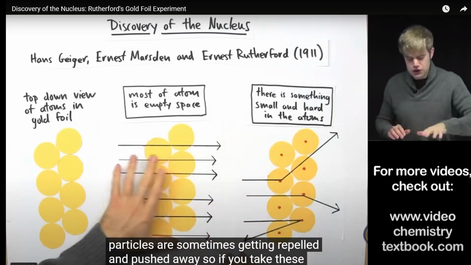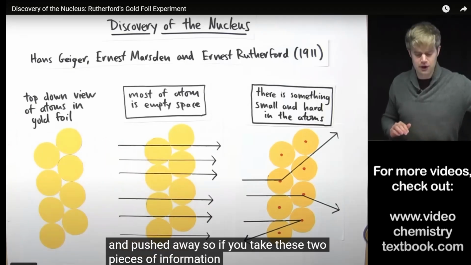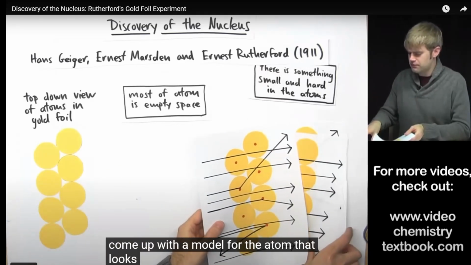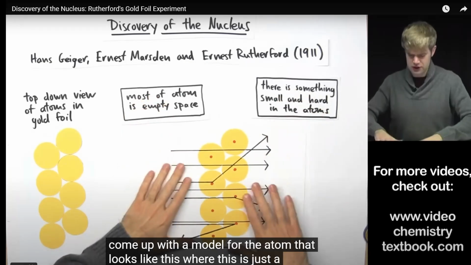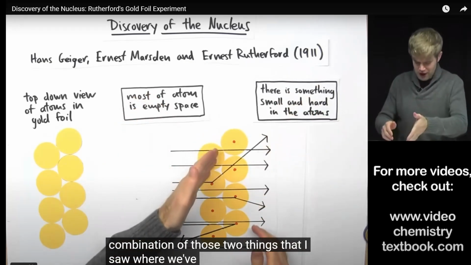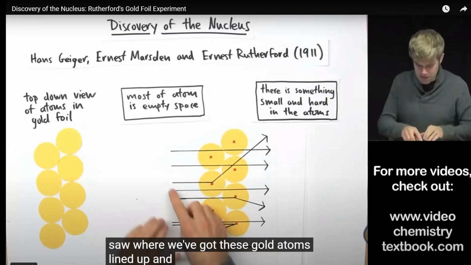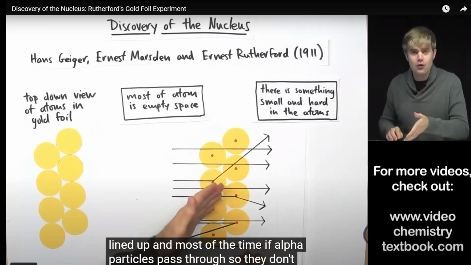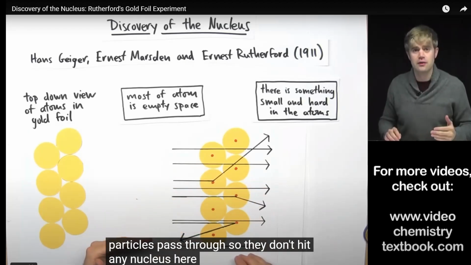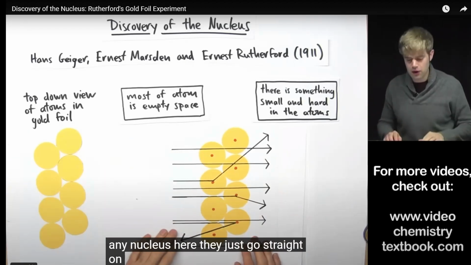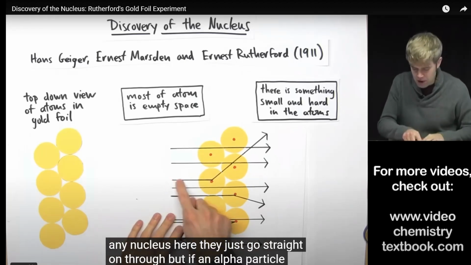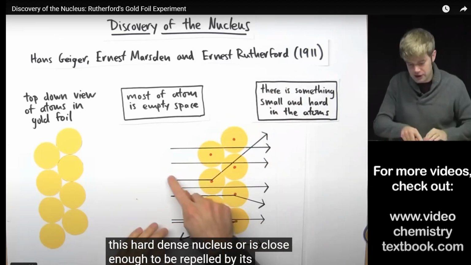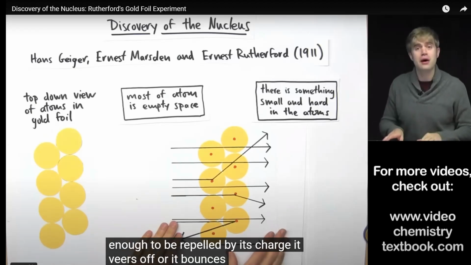So if you take these two pieces of information together, we can come up with a model for the atom that looks like this, where we've got these gold atoms lined up, and most of the time, if alpha particles pass through so they don't hit any nucleus here, they just go straight on through. But if an alpha particle hits this hard, dense nucleus, or is close enough to be repelled by its charge, it veers off or it bounces back.